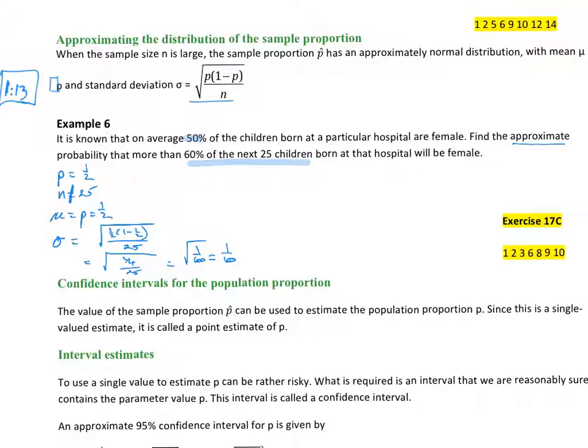Okay, so now my sample proportion is distributed normally with a mean of 0.5 and a standard deviation of 0.1.